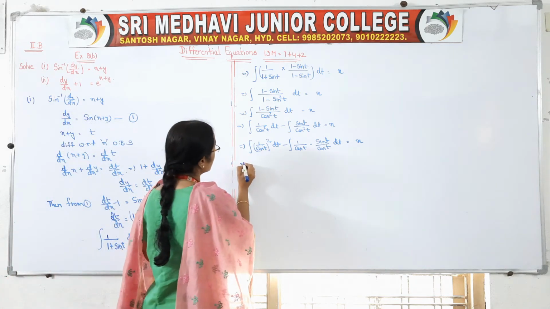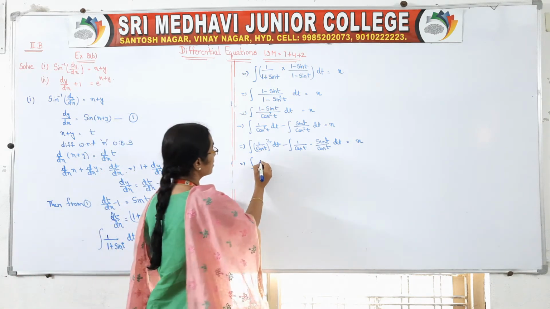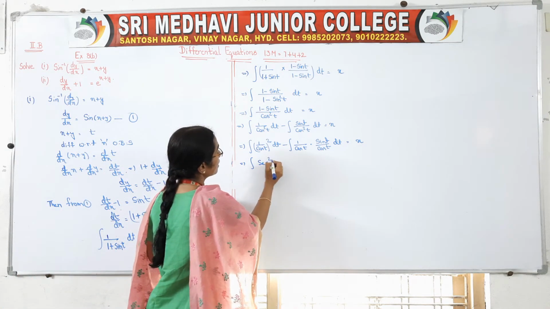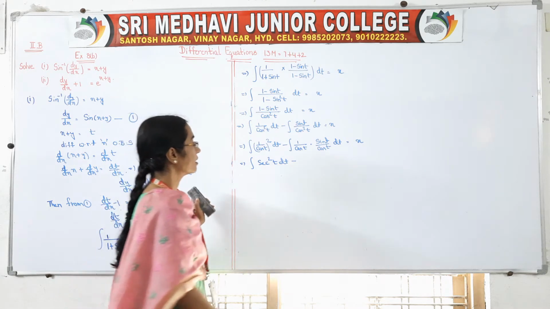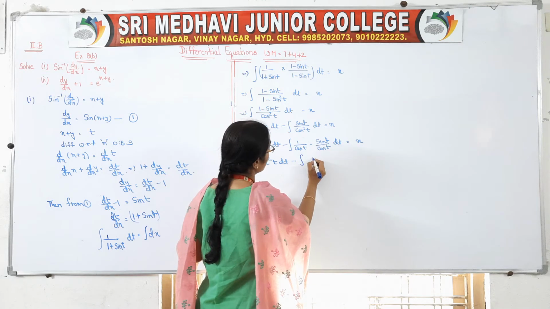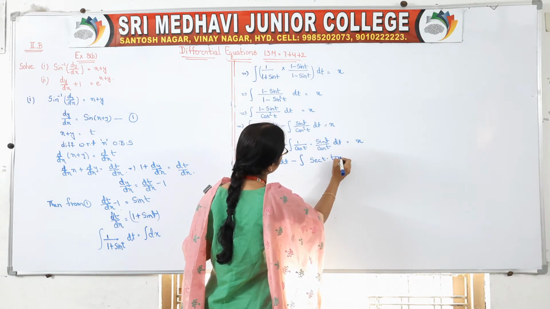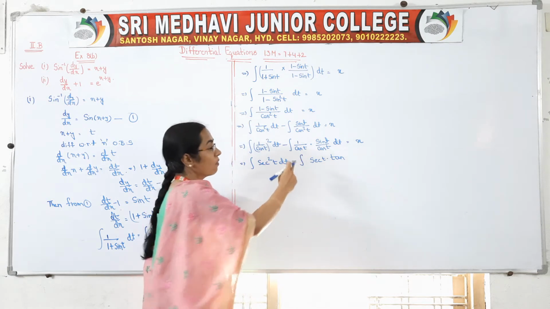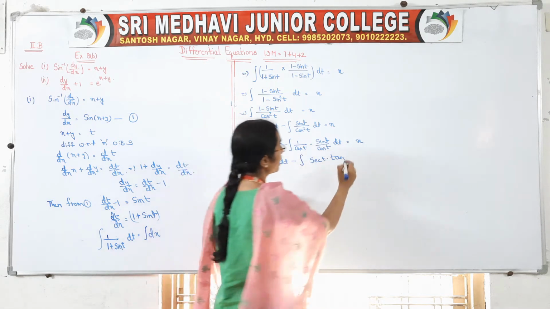1 by cos is secant, so it is secant square t dt minus secant t into tan t dt is equal to x. 1 by cos is secant, sin by cos is tan, right?